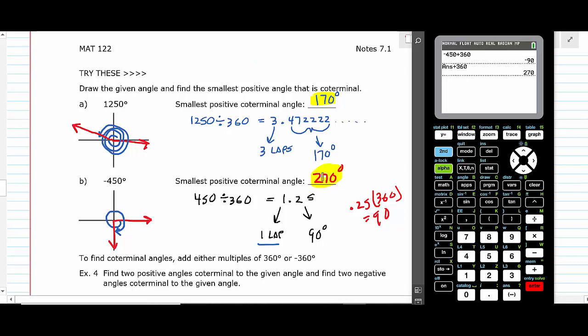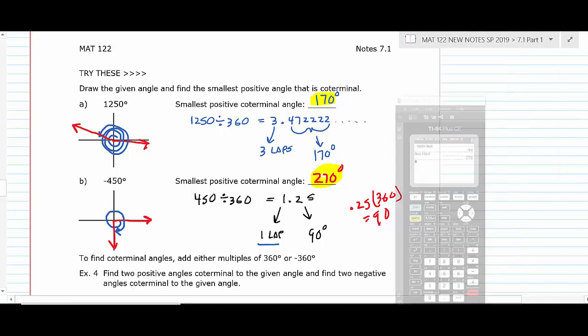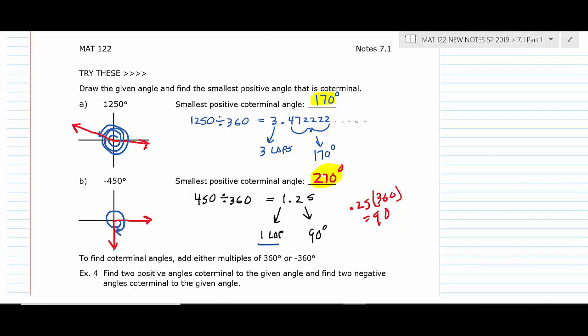Okay, that's the idea. All right, and just one thing I want to mention on this a little bit. This is worth writing down. So on this first one, all you're really doing by doing this division is when you get 3 laps, you're just saying, okay, 3 times 360 is 3 laps. Then I have the leftover 170 degrees.